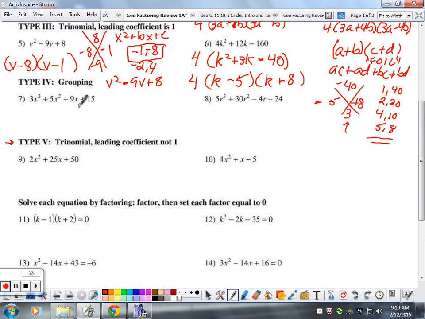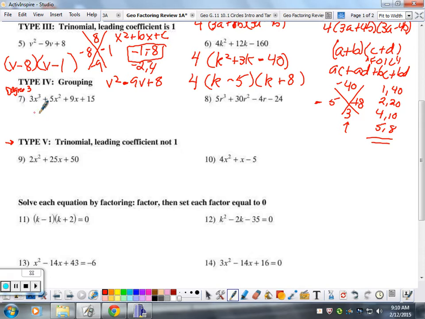How many variables here? 1. How many variables here? 0. So this number has a degree of 0. This term has a degree of 1. This term has a degree of 2. And this term has a degree of 3. The degree of the polynomial is the biggest of those numbers. So this is degree 3. It's a third degree polynomial. You put it in degree order from biggest to smallest, meaning biggest exponent to smallest.